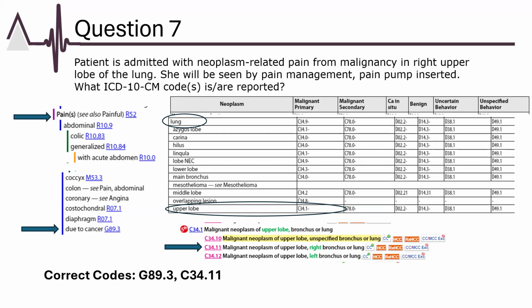Sequencing of codes will depend on the reason for the visit. In this case, the patient is being treated for the pain, so G89.3 is the first listed diagnosis. The underlying neoplasm is reported as an additional diagnosis. The correct codes are G89.3 and C34.11.